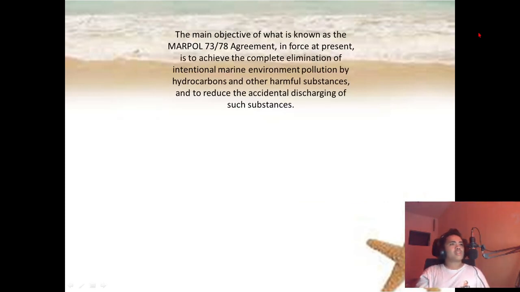So the main objective of the MARPOL 73/78 agreement in force at present is to achieve the complete elimination of intentional marine environment pollution by hydrocarbons and other harmful substances and to reduce the accidental discharge of such substances. So in my own words, MARPOL 73/78 was born because of what happened to our environment.